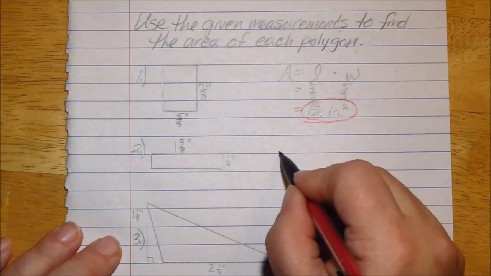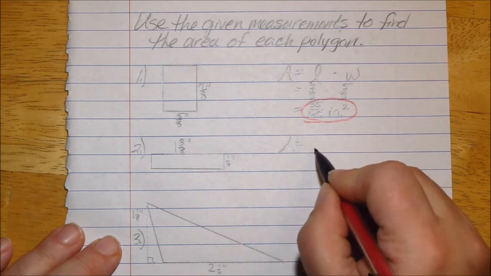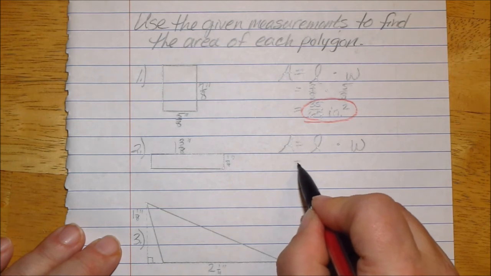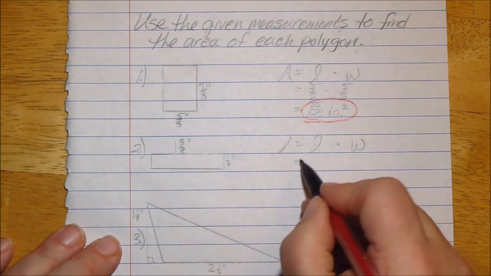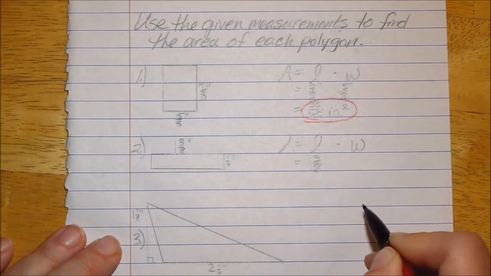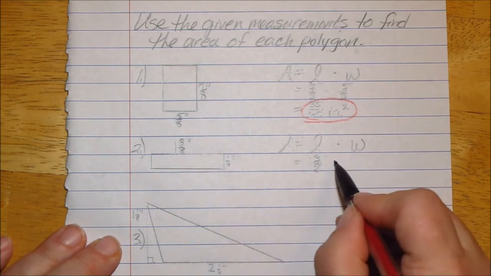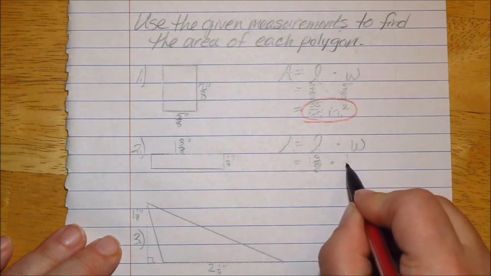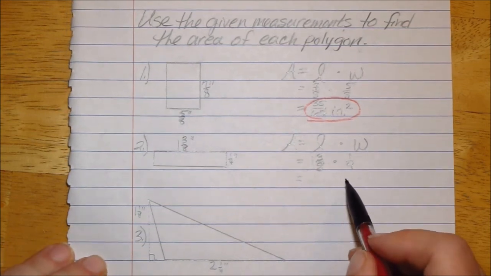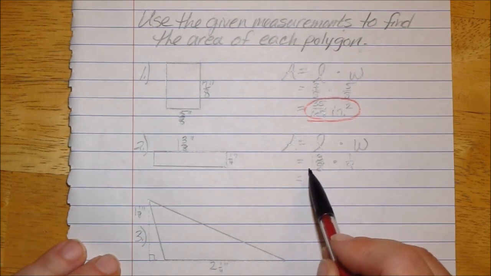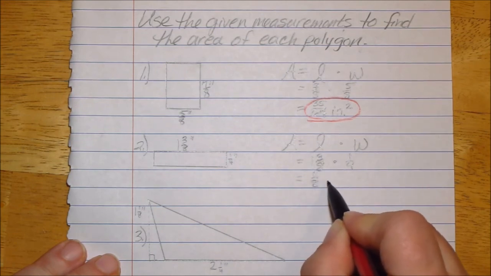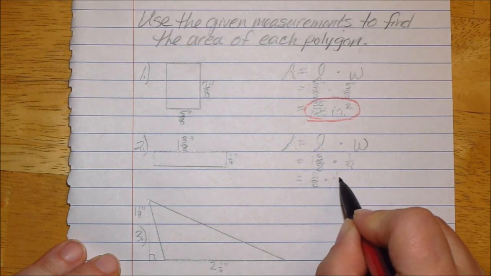So again, my first step is to set up the formula. Area equals length times width. My length, now I've got to plug in the values, is 1 3/8. And my width, plug in the value, is 1/4. Okay, I can't have this mixed number there when I'm multiplying, so I've got to turn it into an improper fraction. 8 times 1 is 8, plus 3 is 11/8 times 1/4.